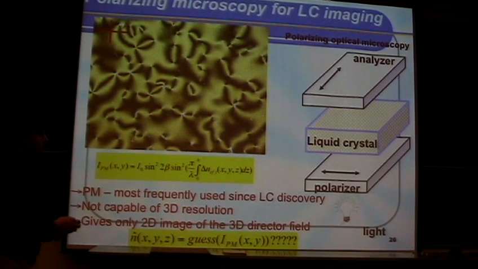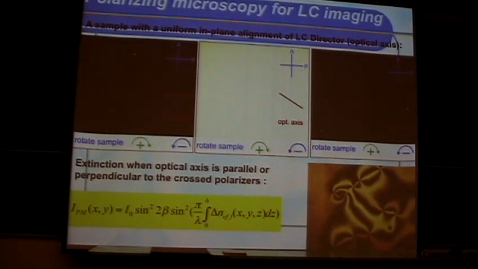And this is possible in many cases, but such imaging is not very direct and of course requires very thorough analysis of such a system.